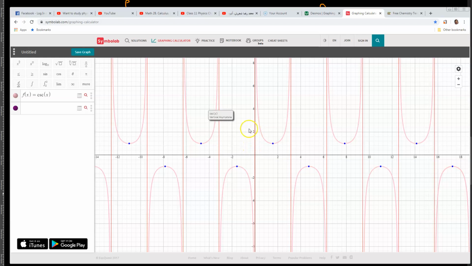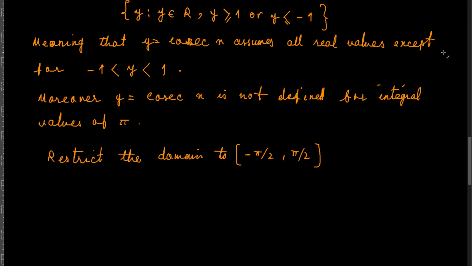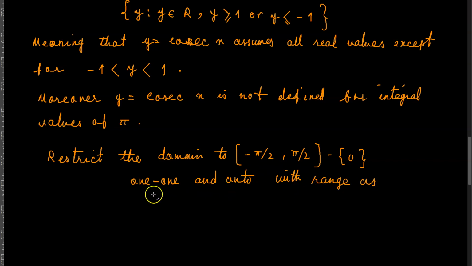So now if we restrict the domain of the cosecant function to negative pi by 2 to pi by 2 minus the set containing 0, then it is 1-1 and onto with its range as basically the set R minus negative 1 to 1.